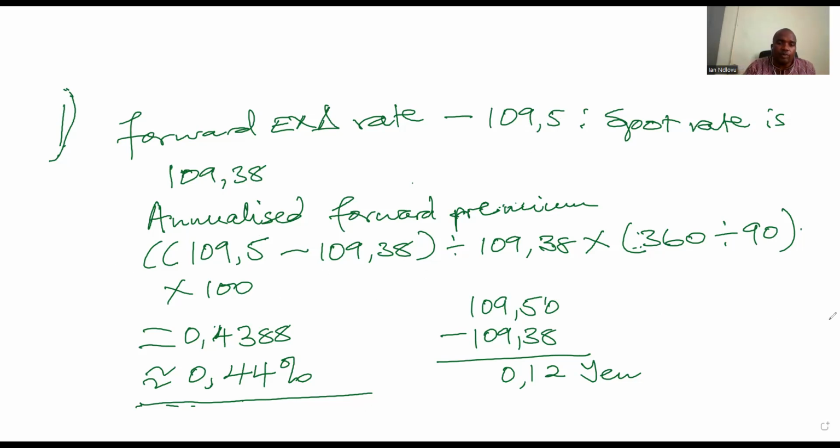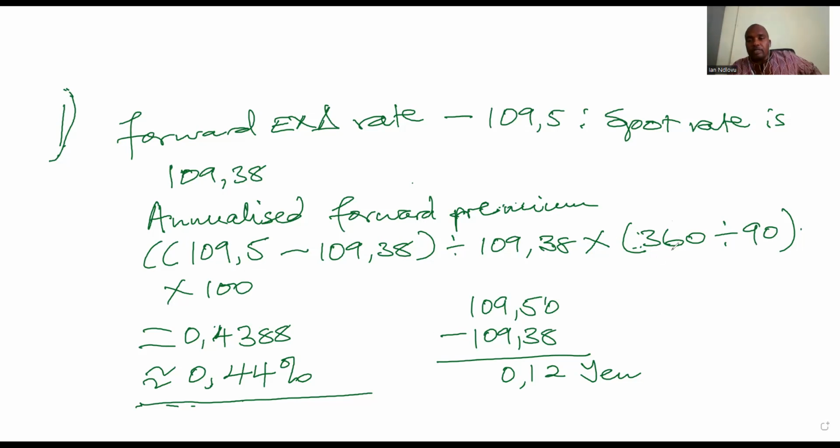So once more, just to revise, the calculation is the forward rate minus the spot rate, divided by the spot rate, all multiplied by 360 over 90. We use the 360-day rule, not 365.